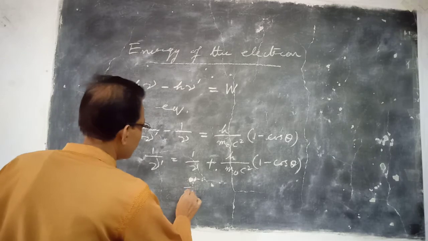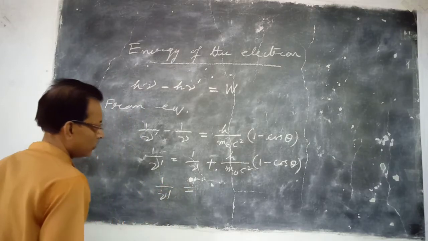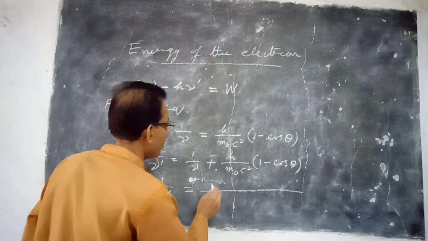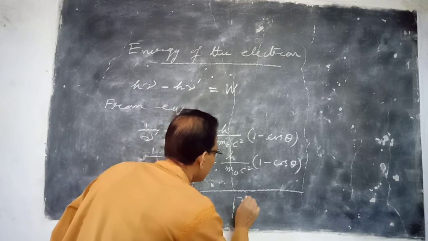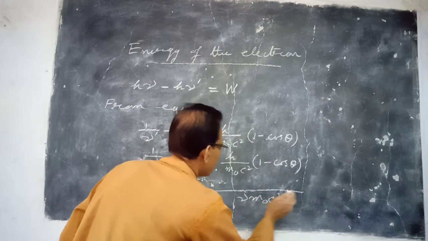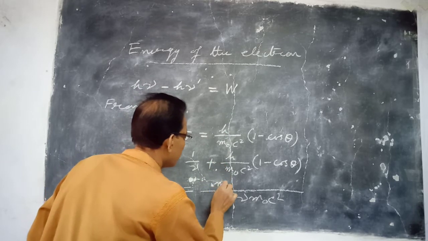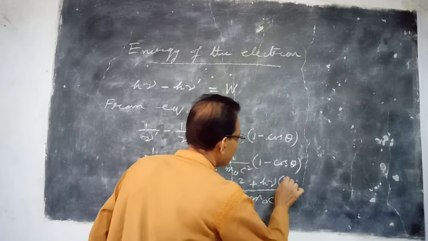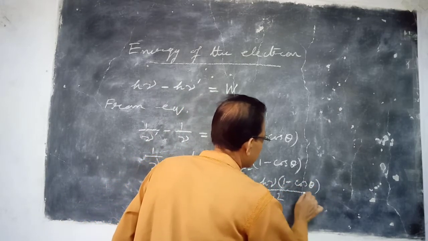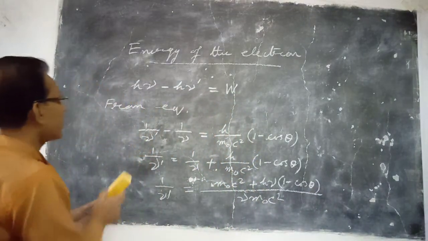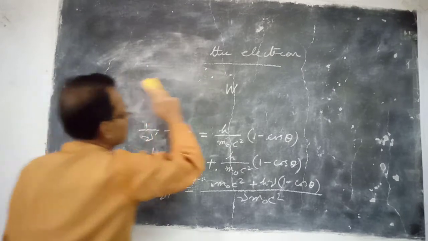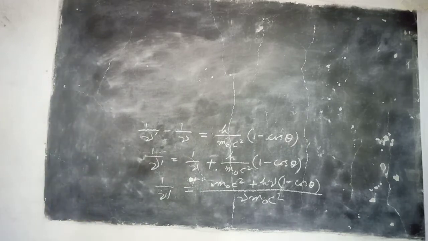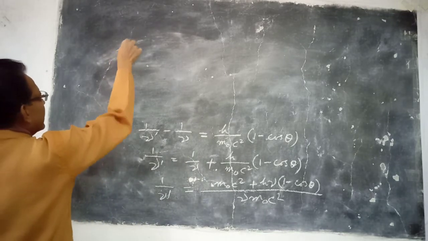Nu prime is the frequency of the scattered radiation.